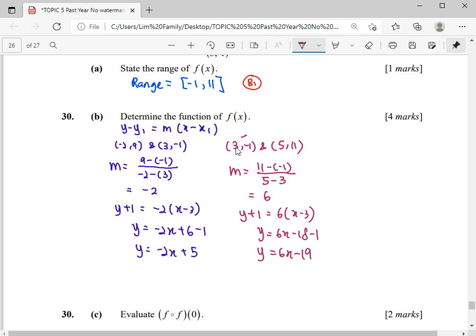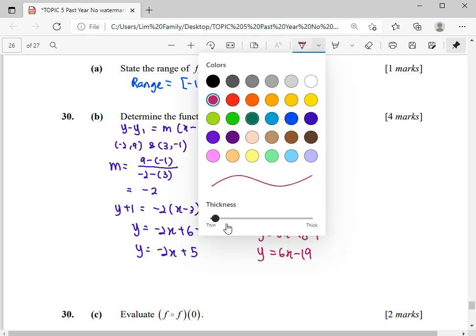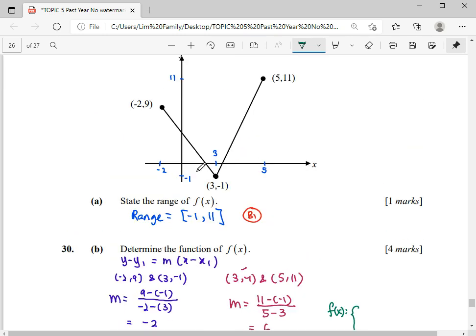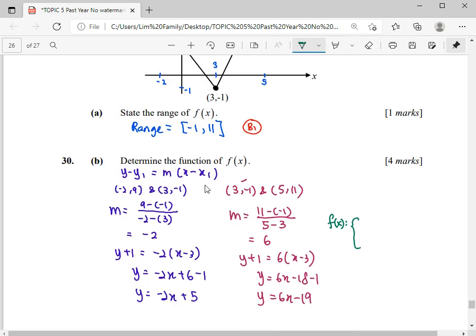So after we get the line equation, how do we define it in the function? When we want to define it as a function, it will be our piecewise function, which has two parts. The first part is where x starts from -2 until 3, with formula -2x plus 5, -2 included until 3.